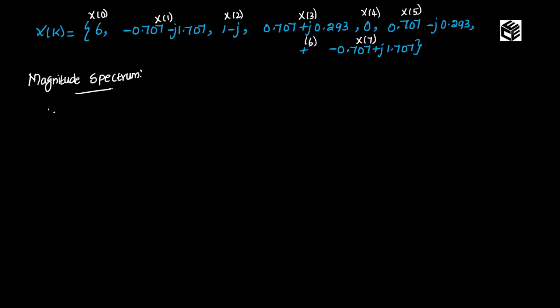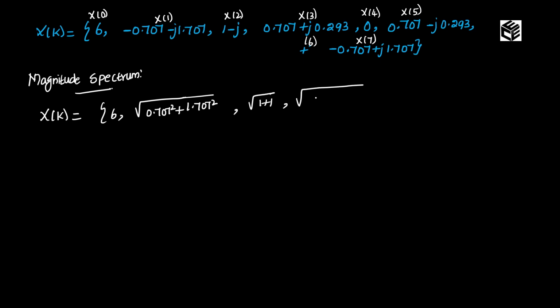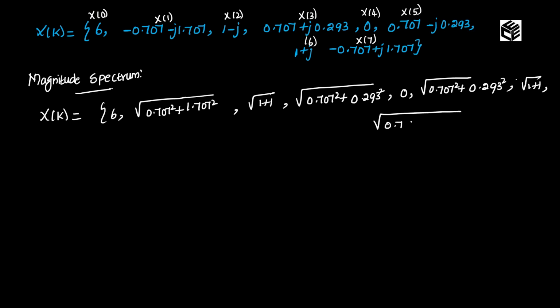Now let's find the magnitude spectrum of x of k. This is equal to 6 comma square root of 0.707 square plus 1.707 square comma root of 1 plus 1 comma root of 0.707 square plus 0.293 square, 0 comma root of 0.707 square plus 0.293 square, root of 1 plus 1 comma root of 0.707 square plus 1.707 square.